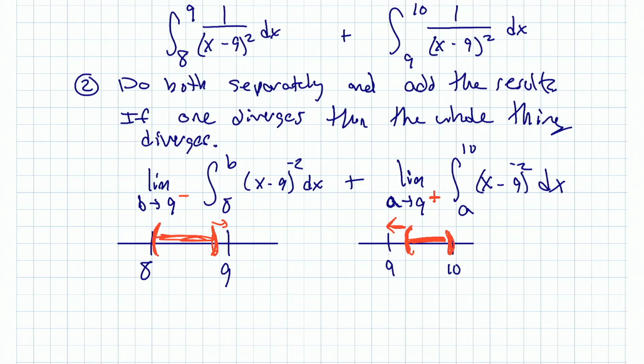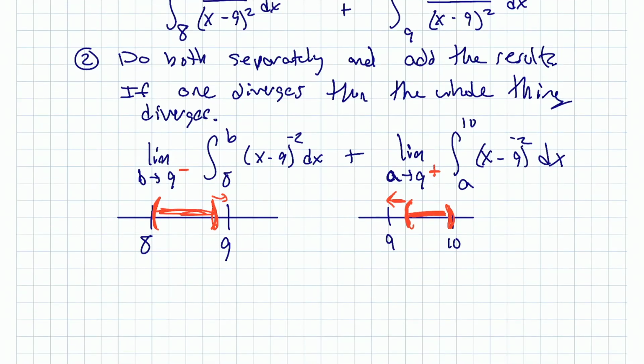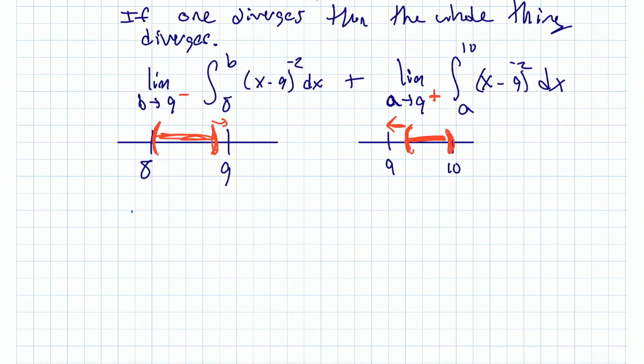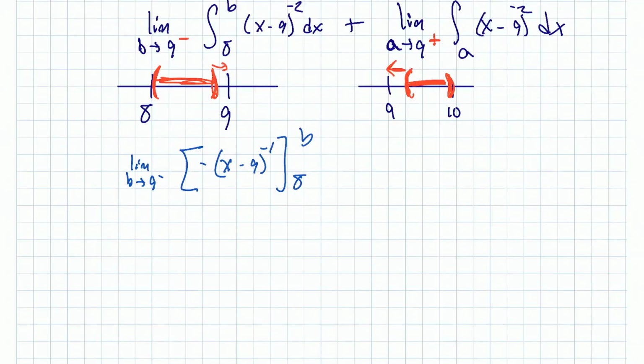And then you'd need to do each of those limits, or we need to do each of the integrals. So if I do the first one, it would be the limit as b goes to 9 from the left of, you need the antiderivative there. You can do a u-sub, but it's going to be (x minus 9) to the negative 1 times negative 1, from 8 to b.